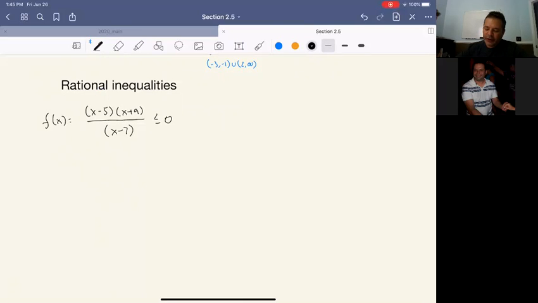All right, so where are my zeros and asymptotes? Zeros are at -9, 5, and I have an asymptote at that bottom equaling 0, 7. Okay, so let's put those in order. Put the factors along the side.